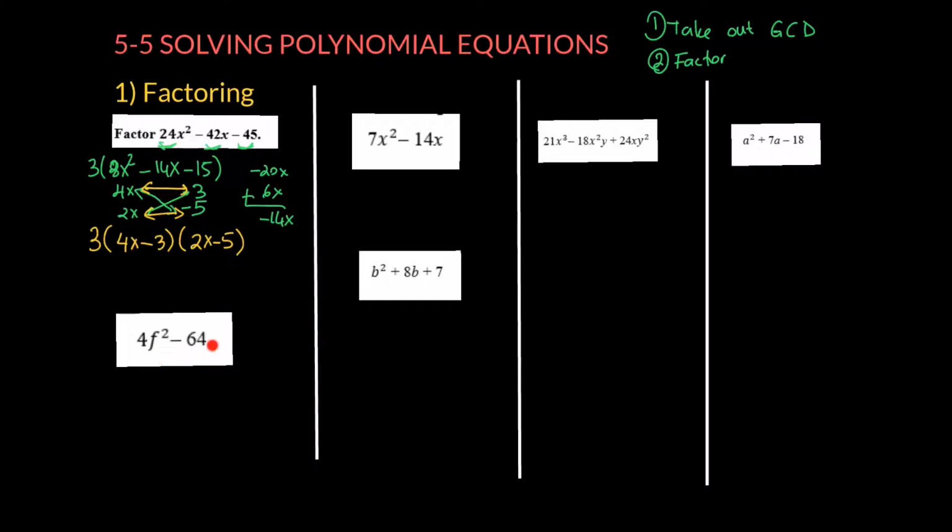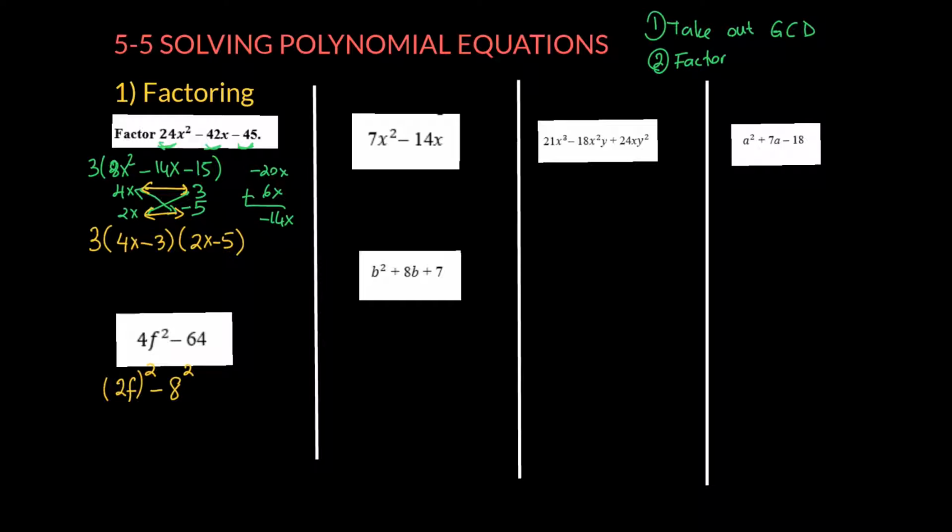4f squared minus 64x. This looks like the difference of two squares, but right now they're not exactly in the squared forms. So instead of 4f squared, I know that that term is square of 2f. And then the second one, the 64, is square of 8.